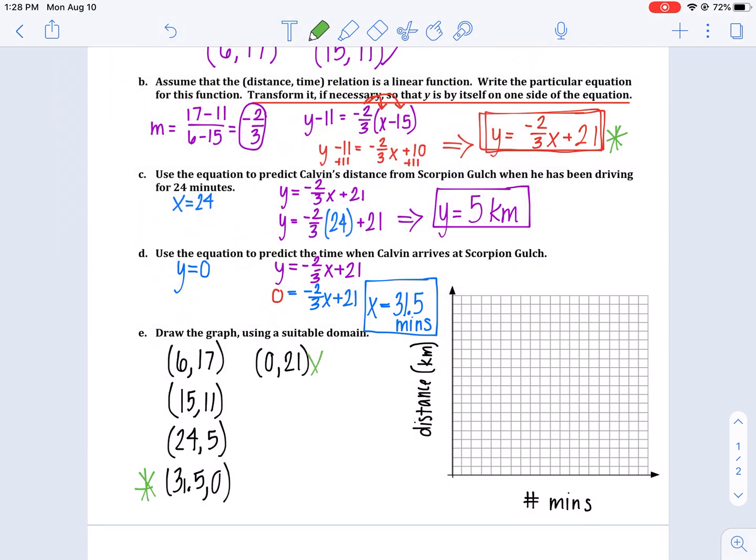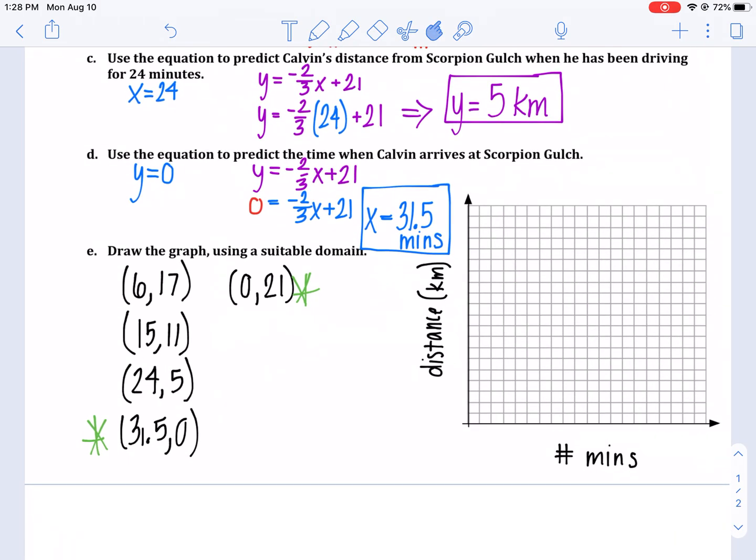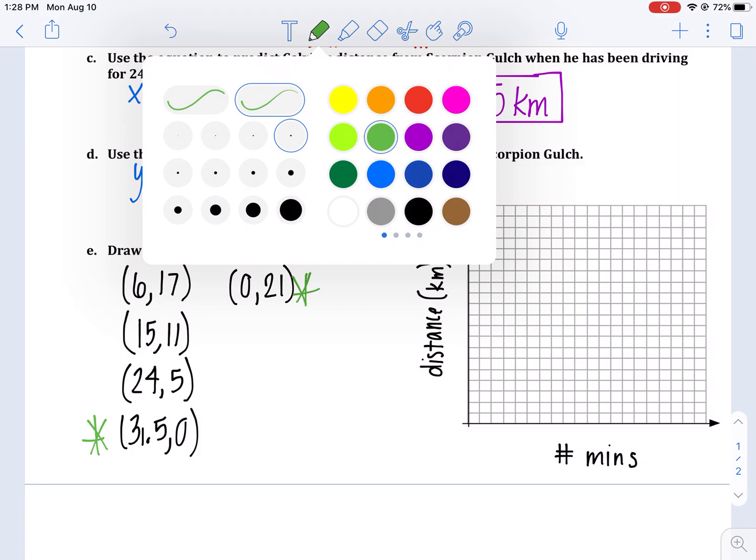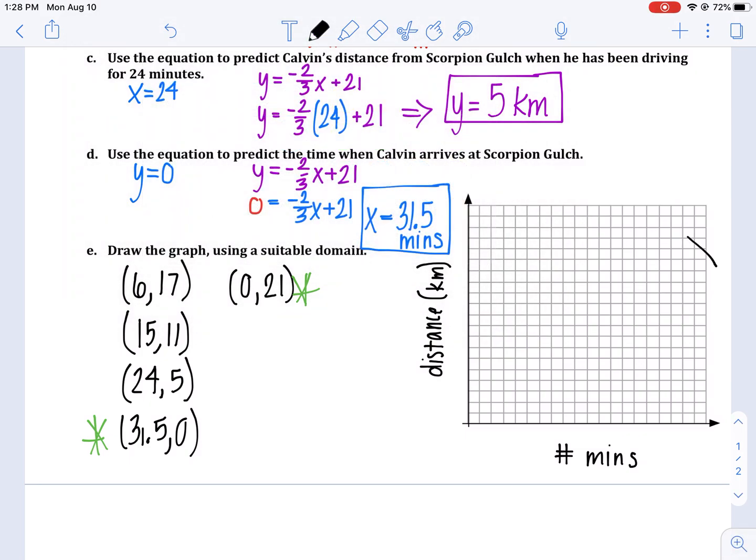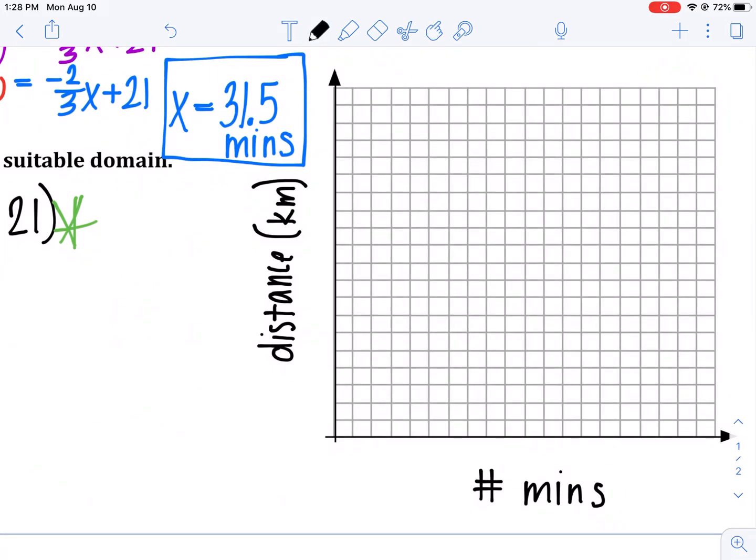So this will help you as you create your scale. I know that my x has to get up to 31.5, and I know my y has to get up to 21. So I'm going to try, it's all trial and error. I'm going to try to go by 2's. I think that's reasonable. So I'm going to write, every line is 2.